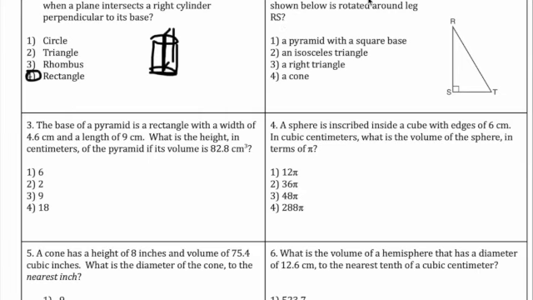Number 2, which object is formed when the right triangle RST shown below is rotated around leg RS? So we have this altitude or leg RS, okay, right here. And if we were to spin this around, that's my dog getting frustrated.